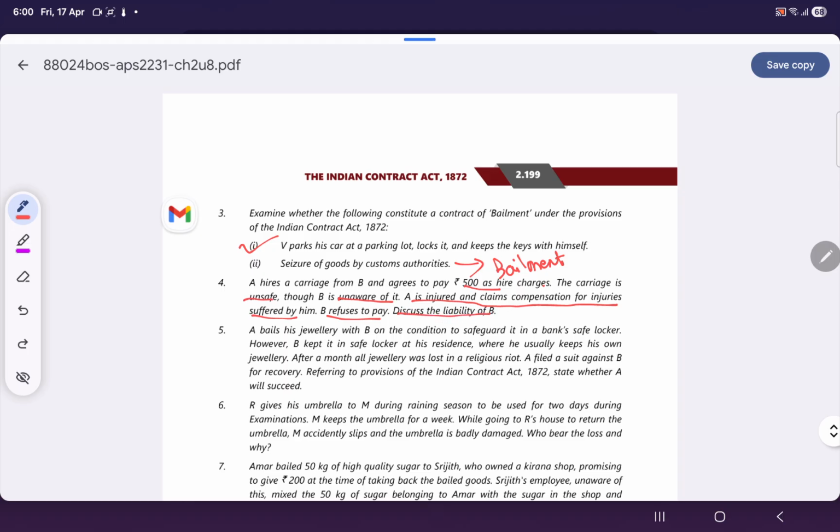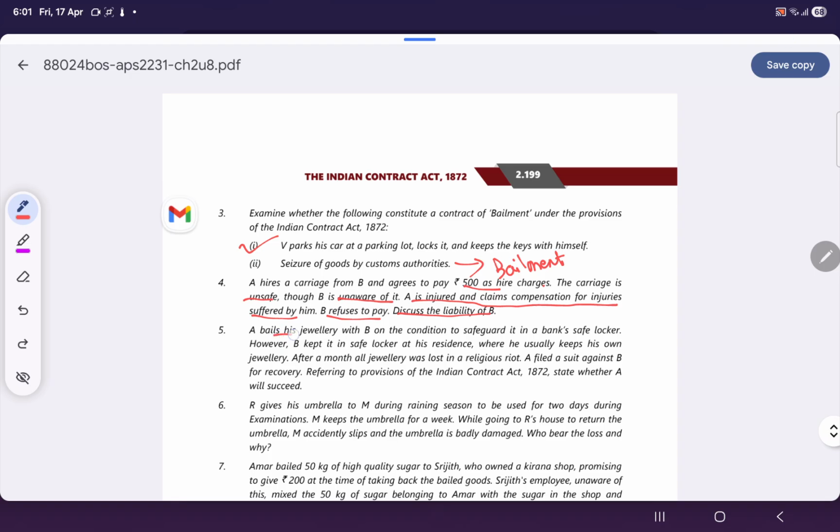This is a case of non-gratuitous bailment, and as per the provisions, whether the bailor is aware or not of the existence of the fault, he should make good the injury suffered by the bailee.